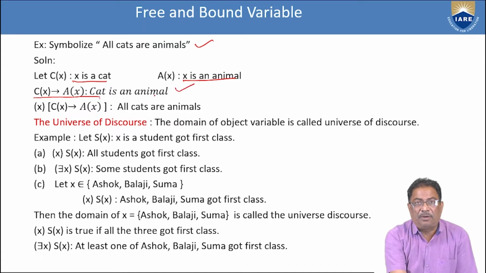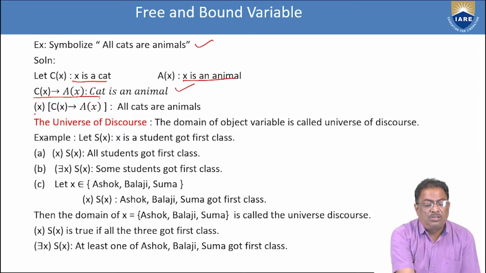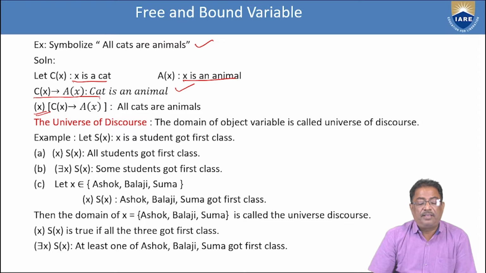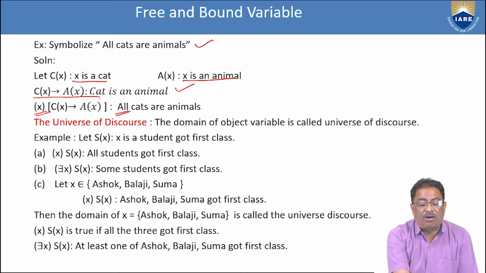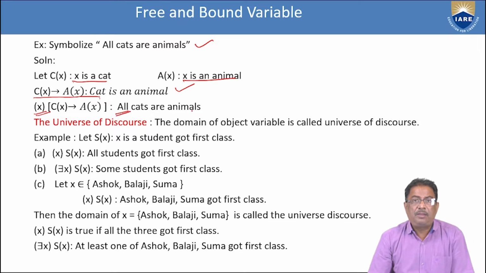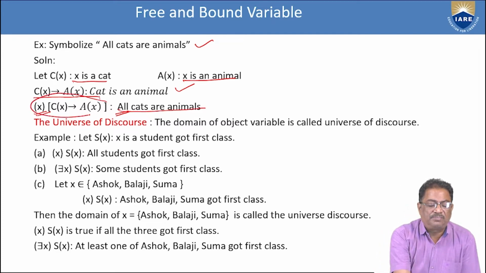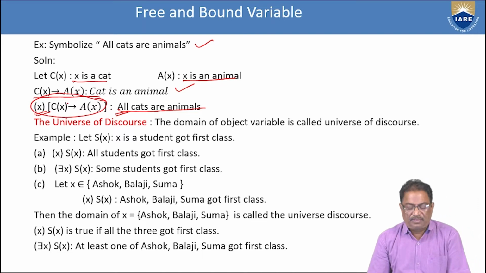For every x means all cats are animals: for all x, if x is a cat, then x is an animal. If we remove the variable, we get "all cats are animals." That is the symbolic form.